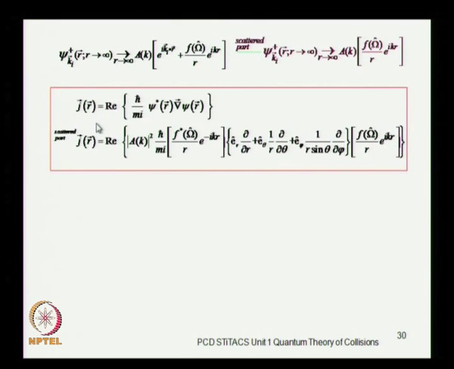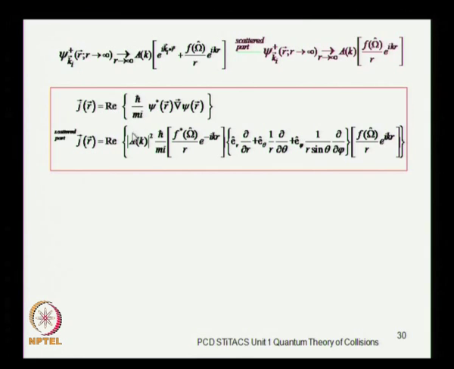What is the current density corresponding to the scattered part? You have a similar expression. This is the general expression for the probability current density vector, and we specialize this to the scattered part alone. So, you have psi star del psi. From this you will get A star A coming from here, so that is the modulus A square.